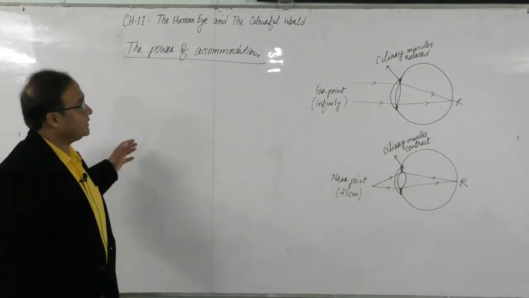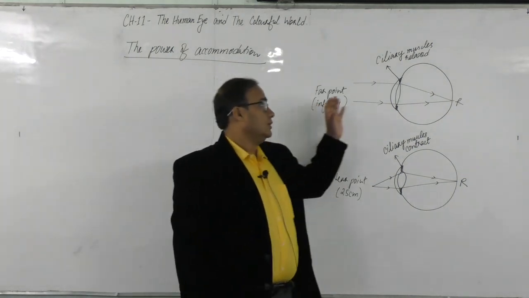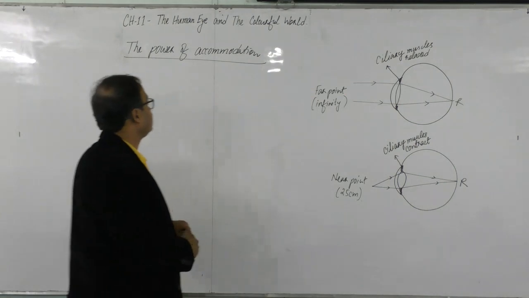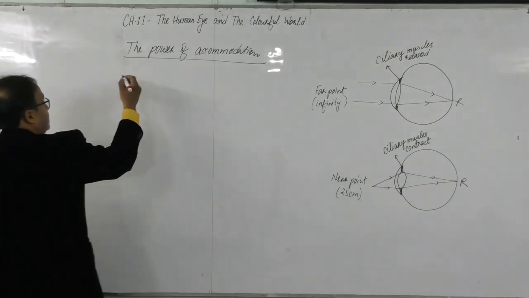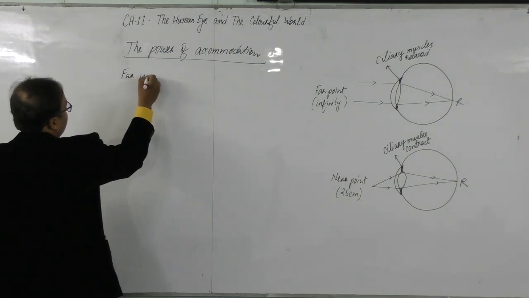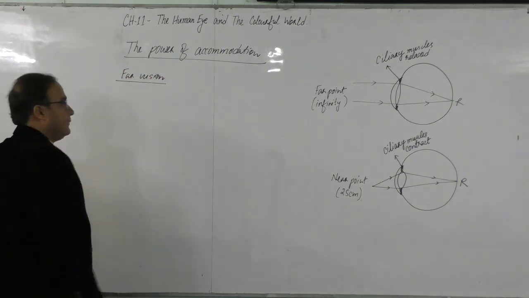Now, we'll try to understand the sequence of events that happen during far vision and during near vision. So, for far vision, what happens?